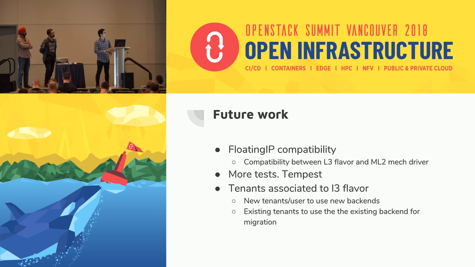And the last one is the tenant associated to the L3 flavor. Please remember, the use case is backend migration. Typically, the cloud admin doesn't want to allow the actual cloud user to specify its L3 backend.